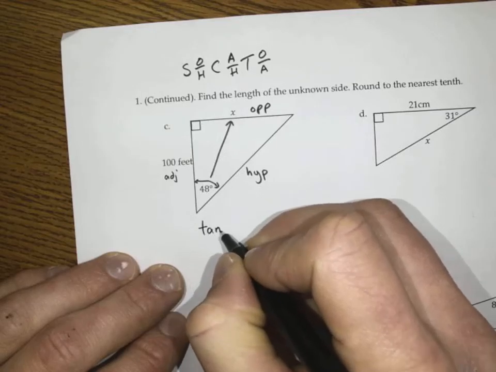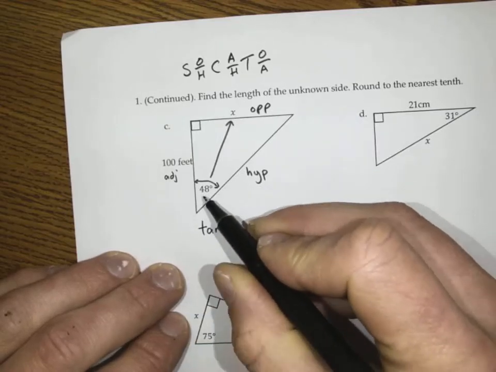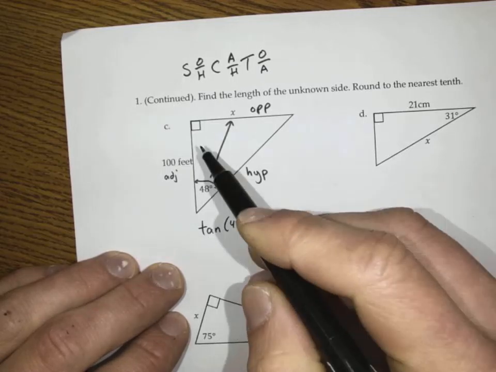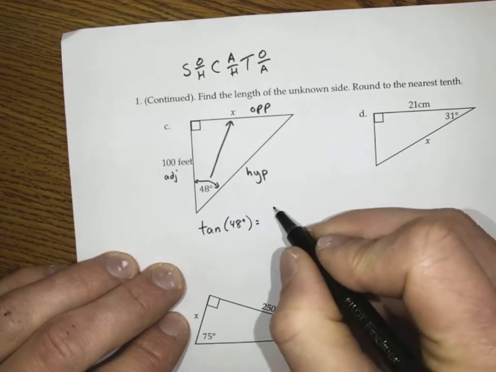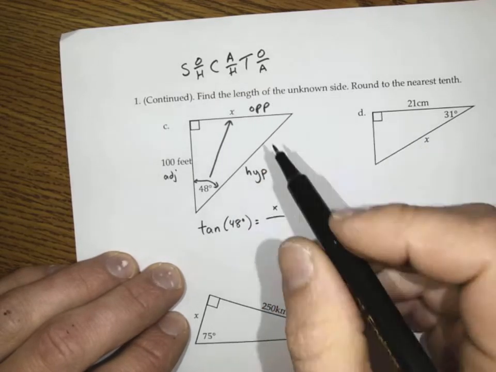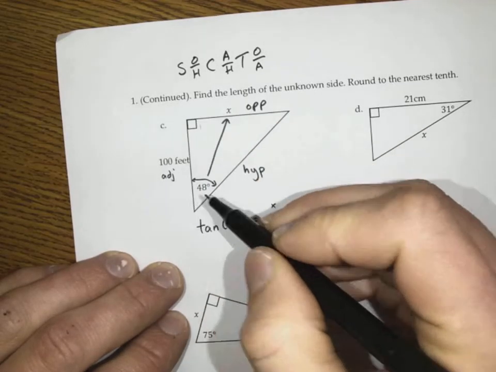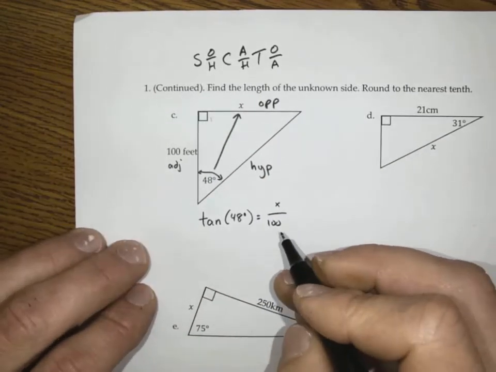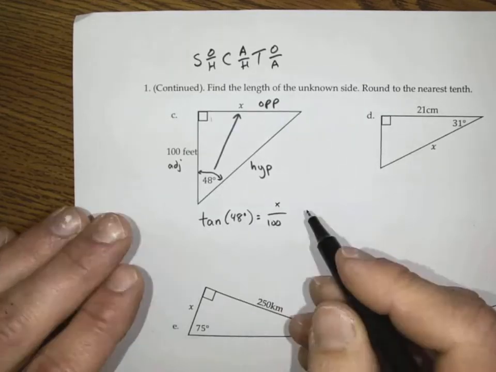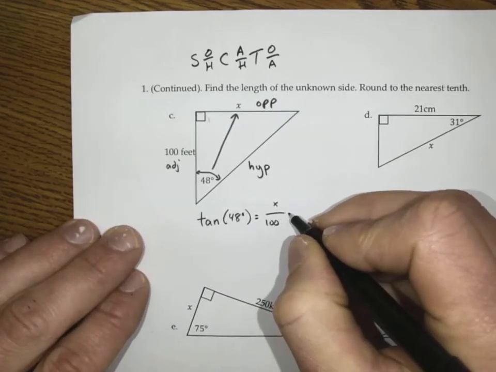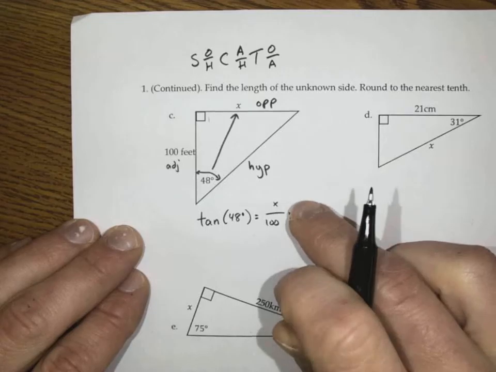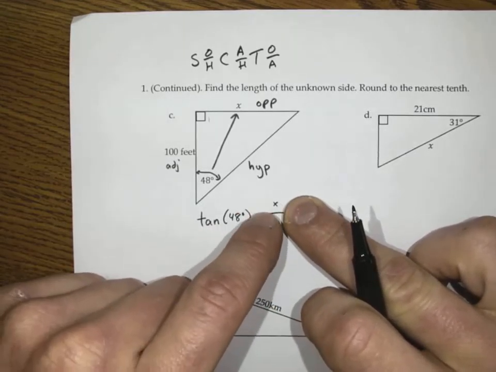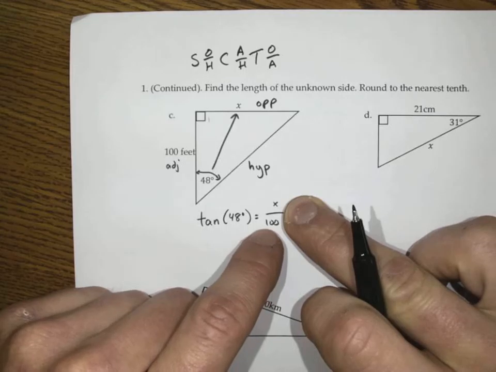So that means tan of my angle, the angle's 48 degrees, is equal to the length of my opposite side, which looks like it's side x, over my adjacent side, which is 100 feet. Again, you're going to see a pattern here, same algebra question style. We got to multiply by 100, because right now what this says is that whatever tan 48 is, that's like 1/100th of x.